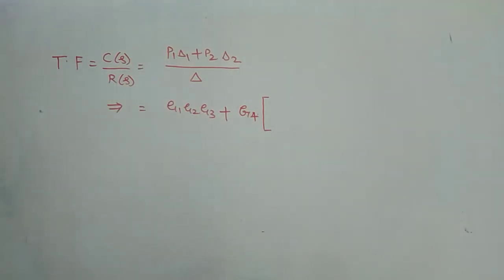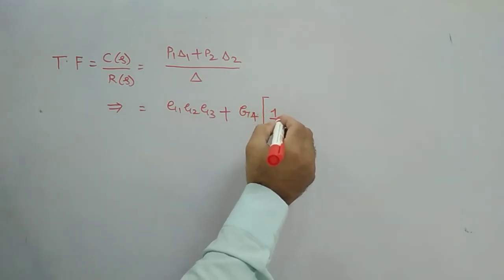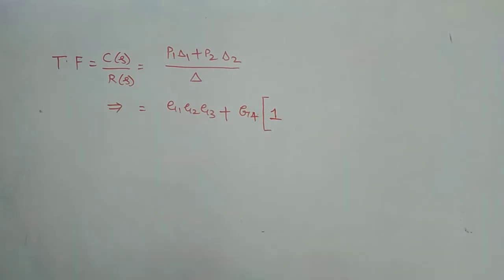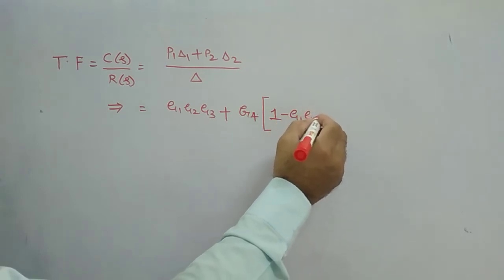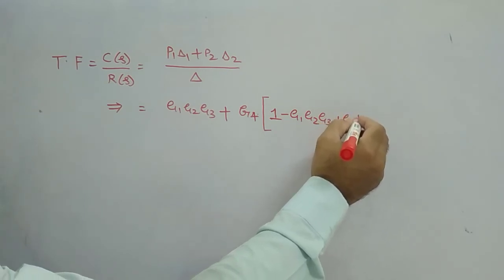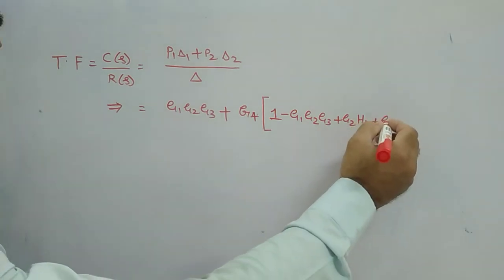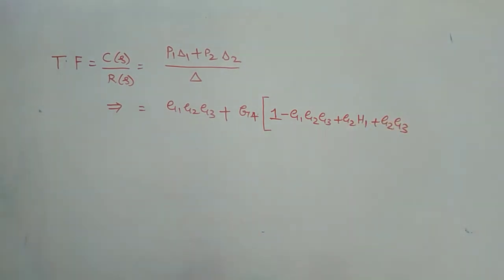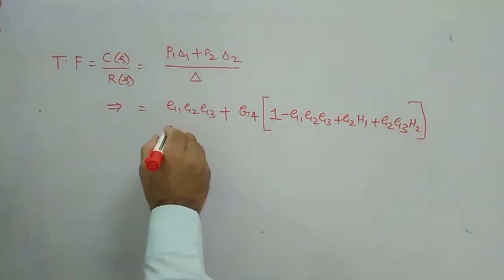Delta 2 is nothing but what we have seen: 1 minus, we have seen, G1 G2 G3 plus G2 H1 plus G2 G3 H2. This is whatever delta 2, divided by delta.